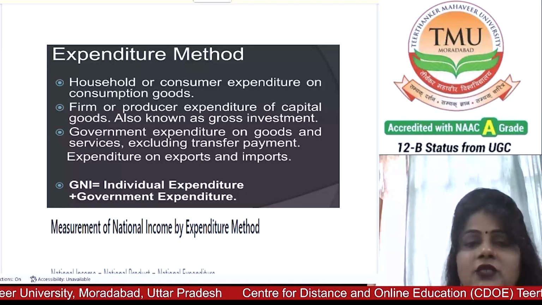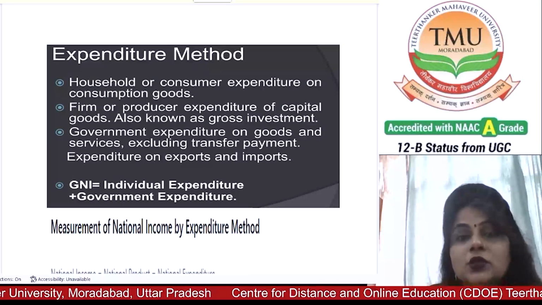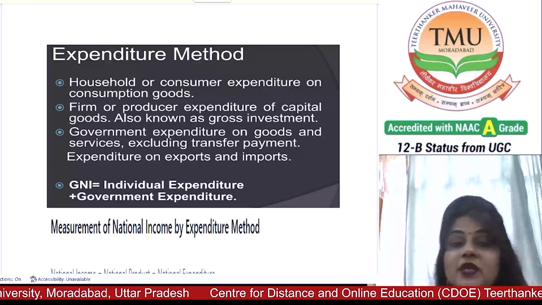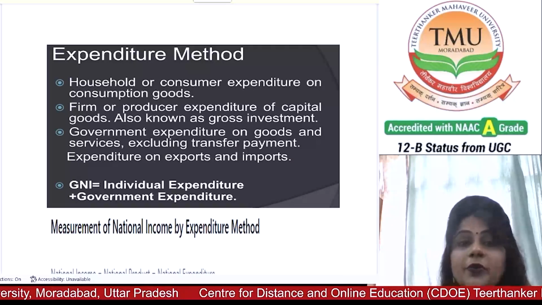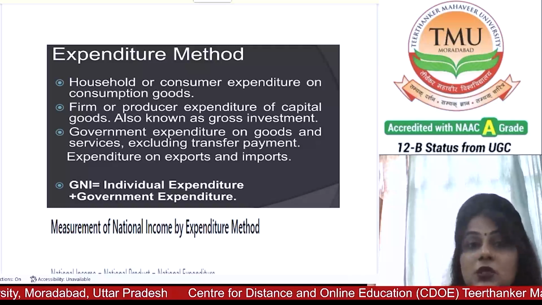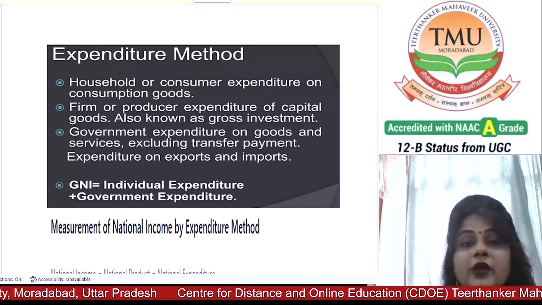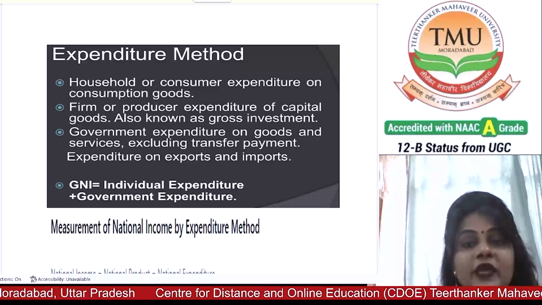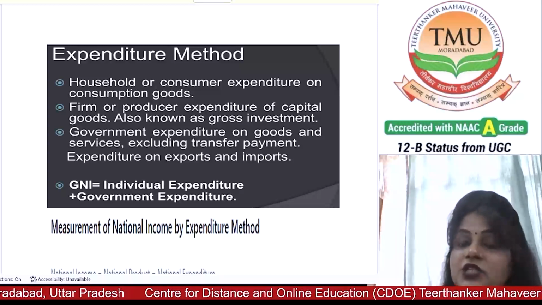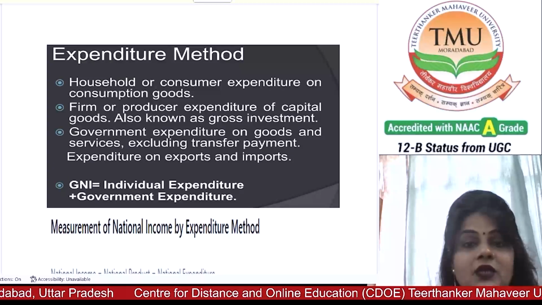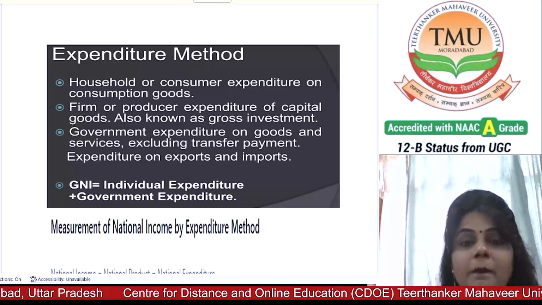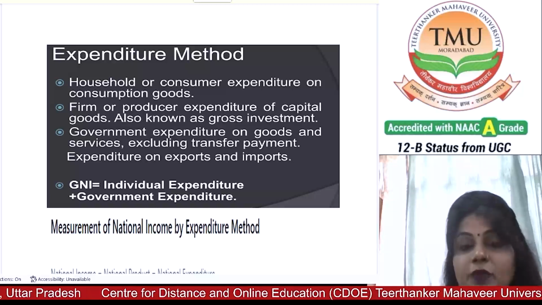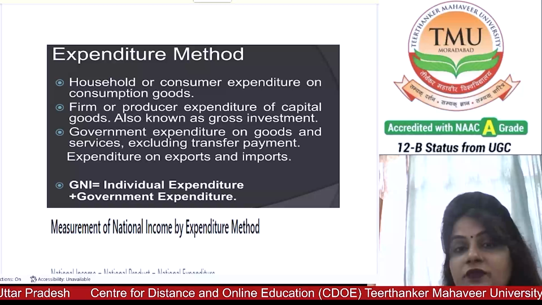The expenditure method is the most widely used approach for estimating GDP, which is a measure of the country's output produced within a country's border, irrespective of who owns the means of production. The GDP under this method is calculated by summing up all the expenditure made on final goods and services.